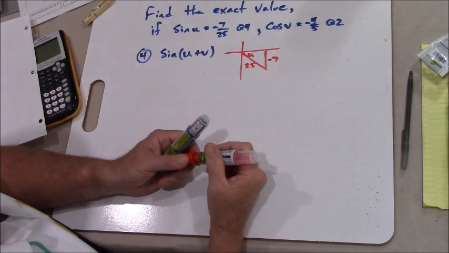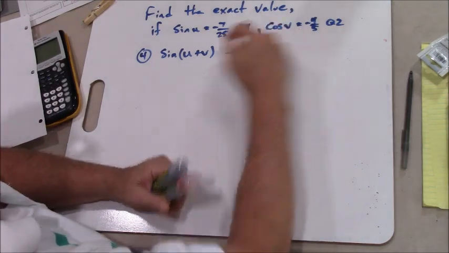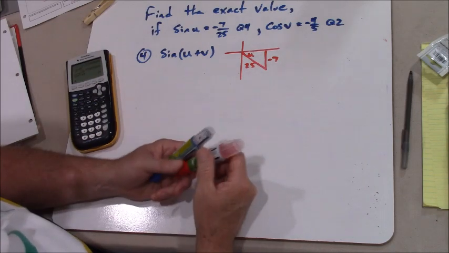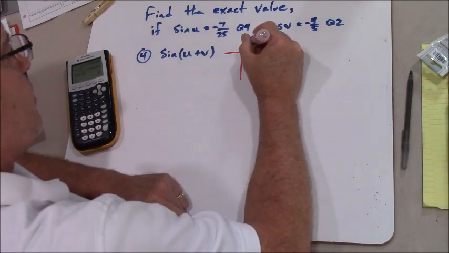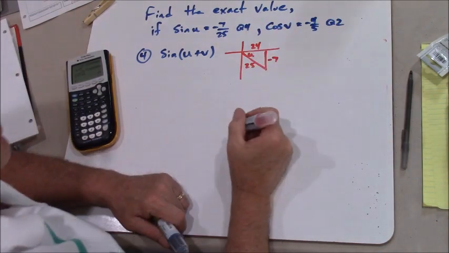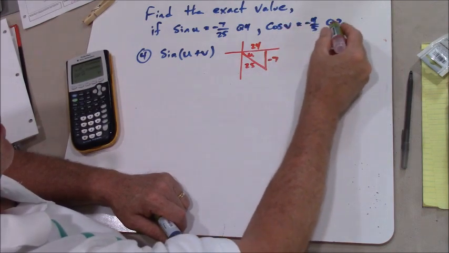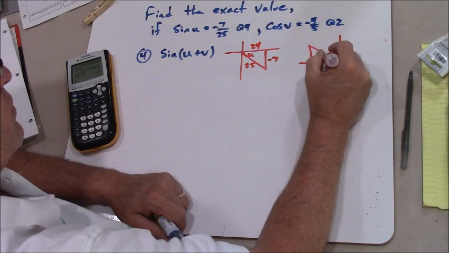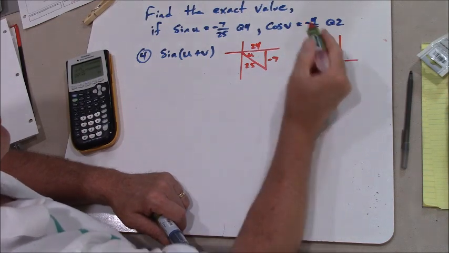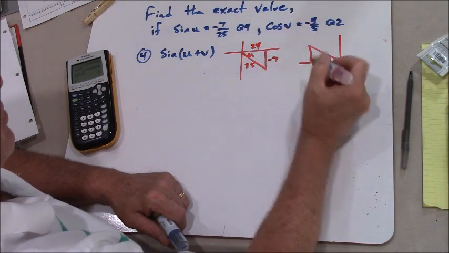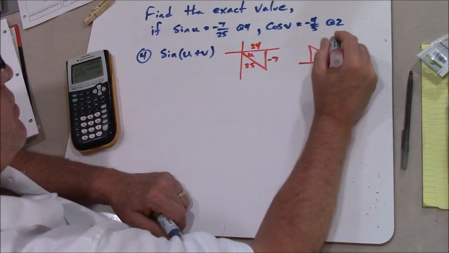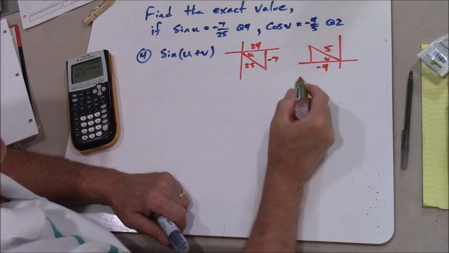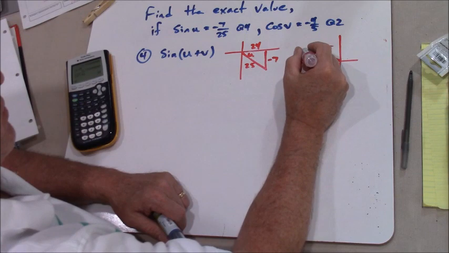And so I have to do the Pythagorean theorem to figure out what this right here is, and I got 24. And then for the angle V, that's in the 2nd quadrant. There's V. Cosine is adjacent over hypotenuse, and this should be a 3, 4, 5 triangle.